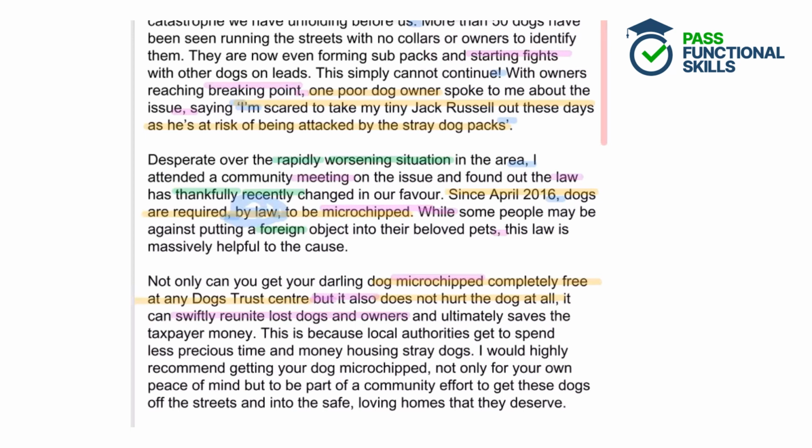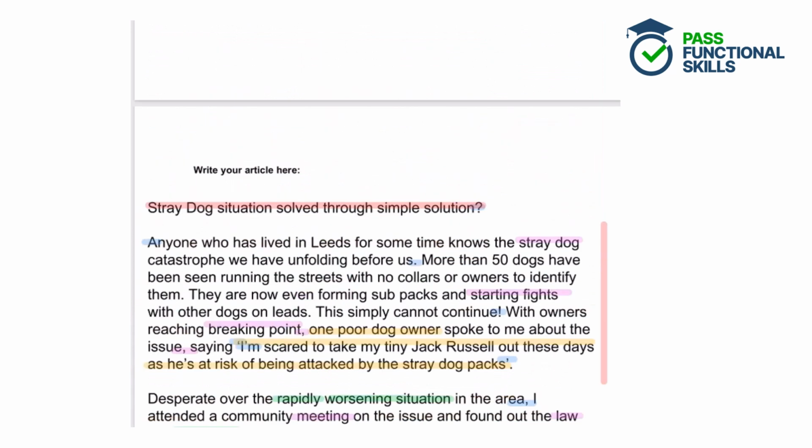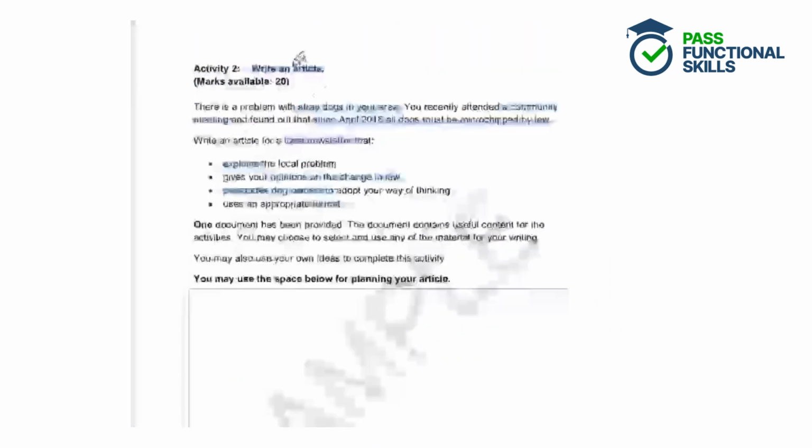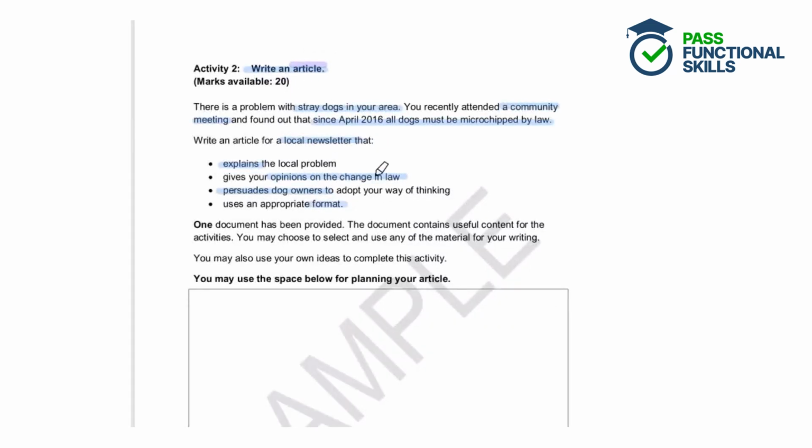The language and register that has been used in the answer has the right kind of tone and style to match up with the audience and the purpose of the writing. So whenever you read through a question, you need to identify the text type, so an article in this case, as well as the audience. In this case, it's the local community because we're writing for a local newsletter, and also the purpose.